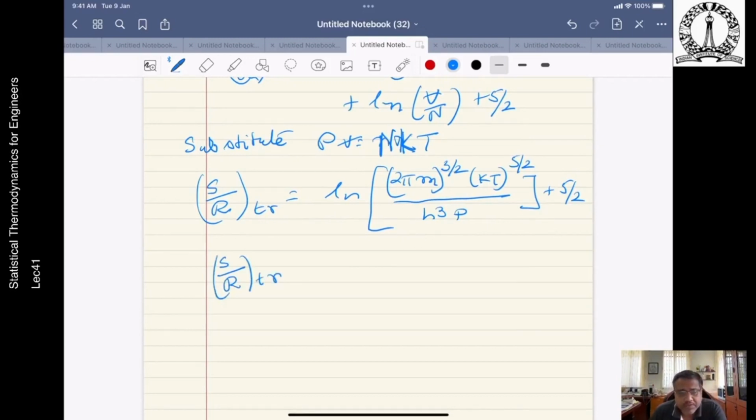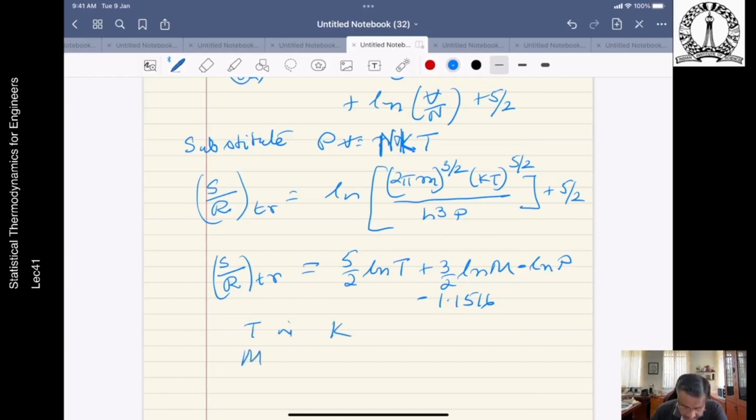If we do the evaluation properly, T is in Kelvin. M is the molecular weight, given in kg per kilomole.